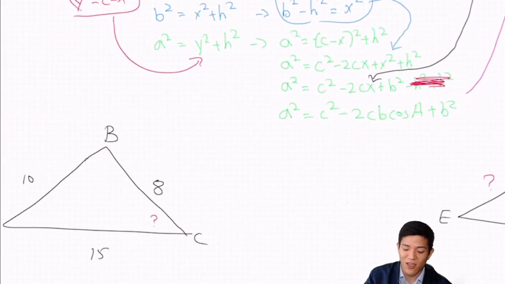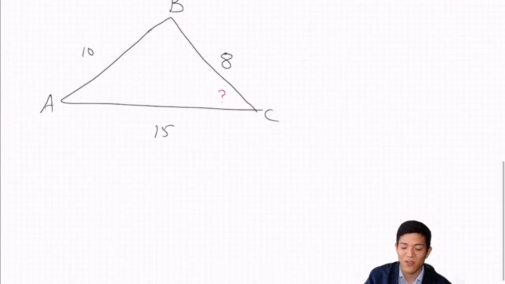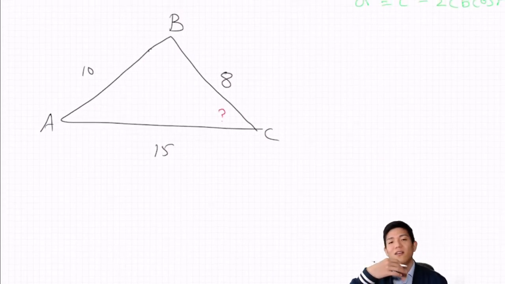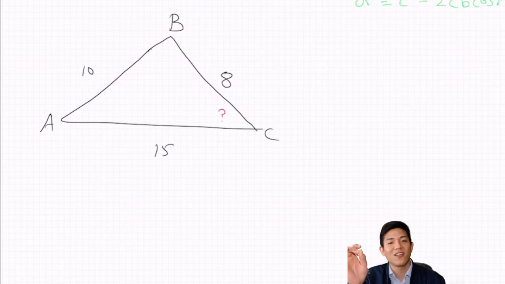So let's take a look at a practice problem to see how we can apply this. First thing I have to say is you cannot solve all triangles using just the law of sine.